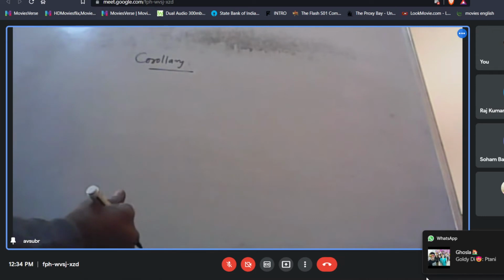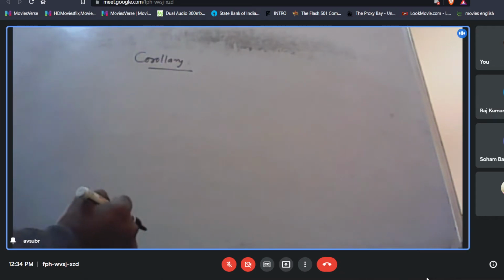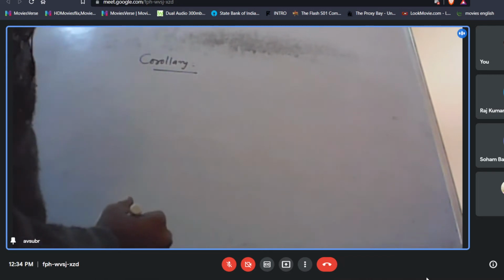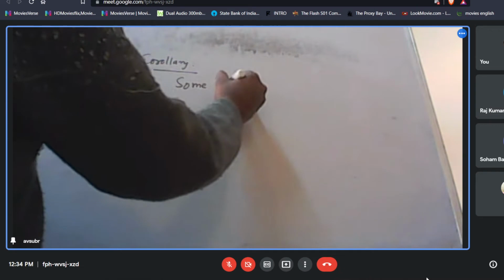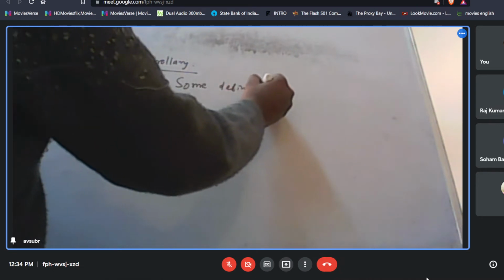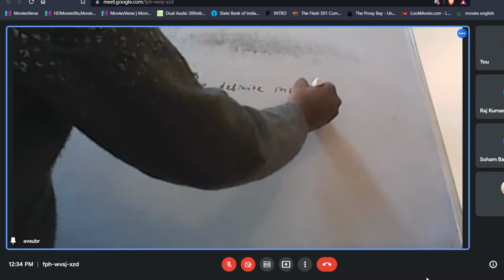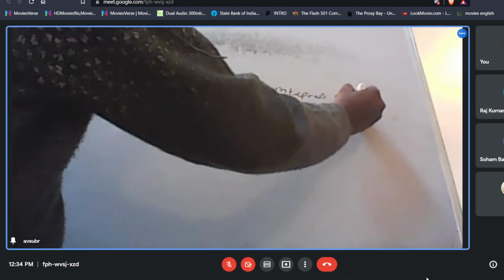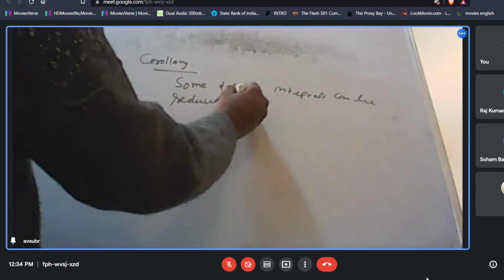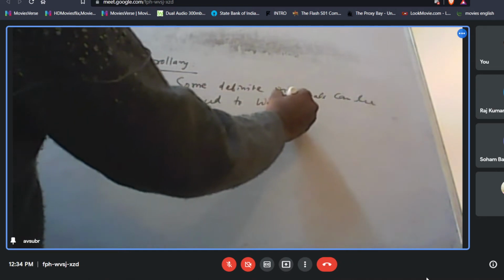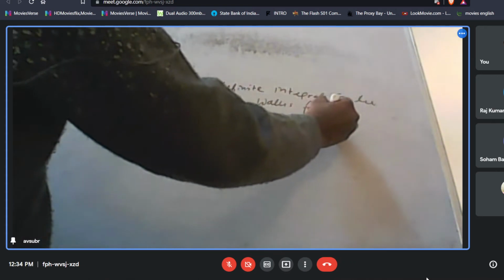Suppose I have some definite integrals. Then some definite integrals can be reduced to the Wallis formula.